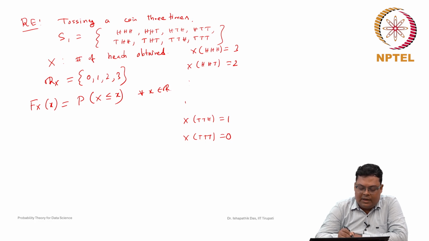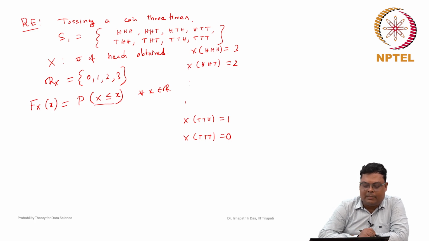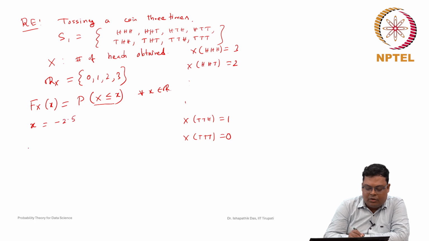Note that we have to find the probability for any x in R. Let us find the value of this function for some particular values of the real number x. Suppose we take some negative number, minus 2.5.